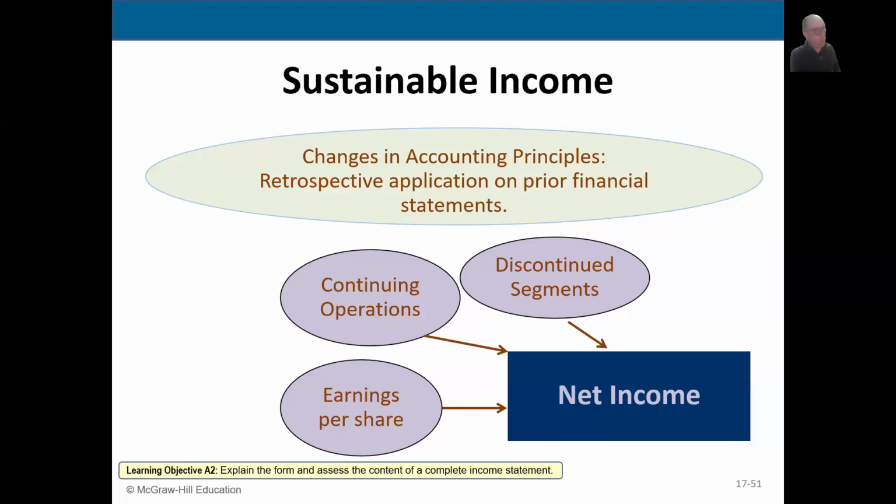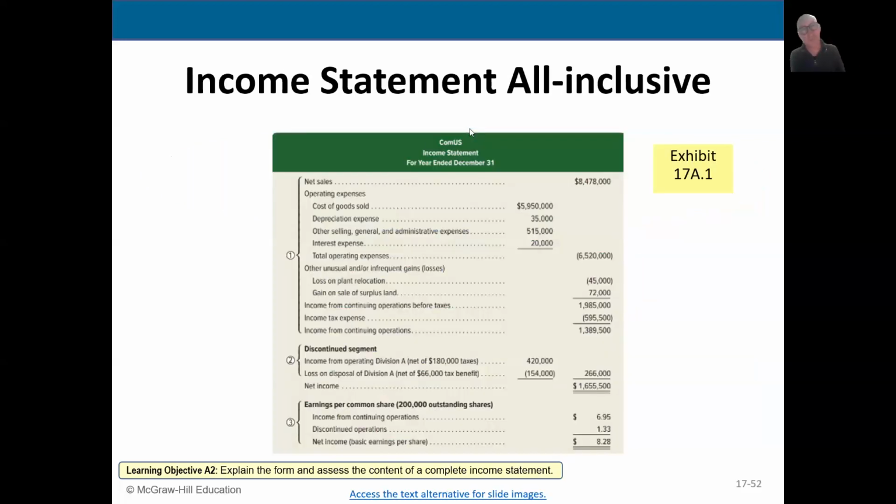They might want to think about stopping this. And then, of course, an example of that type of income statement: we see the normal operations up here, discontinued operations, and then earnings per share.